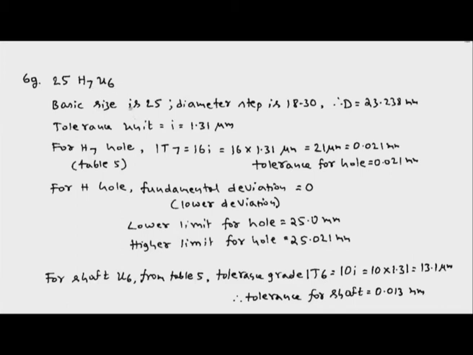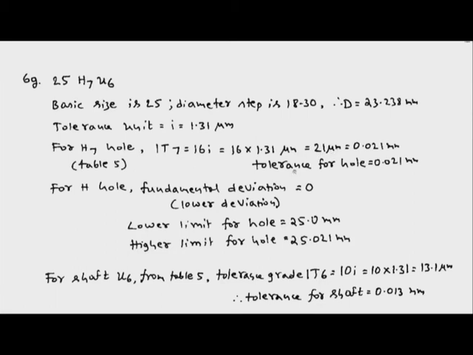So the basic size is 25 millimeter, and it is in the step of 18 to 30. So the mean diameter is 23.238 millimeter, and the tolerance unit can be calculated, and it is equal to 1.31 micrometer. For the H7 hole, the tolerance grade is IT7, this is equal to 16 times I, this is equal to 21 micrometer.